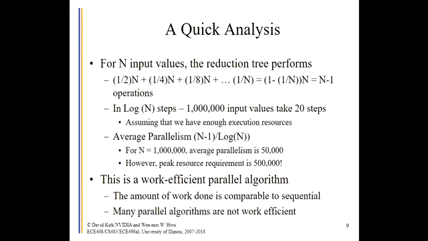If we add up this series, we can take n out, and then we have 1/2 plus 1/4 plus 1/8, all the way to 1/n. This is a very basic geometric series, and it gives us 1 minus 1 over n. Then we can take n inside, so that gives us n minus 1.